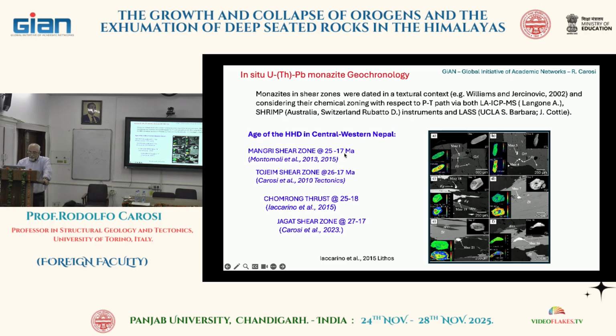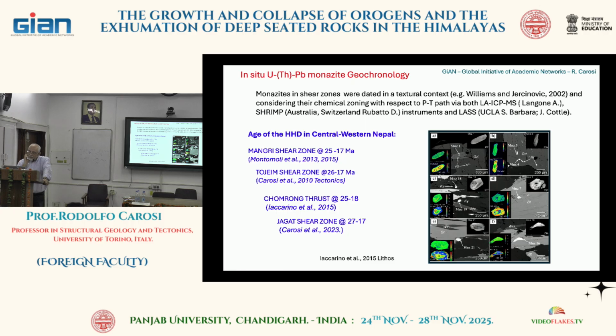but if you find some good crystals like this, you can gain the information. And the ages that we found with this methodology, uranium-lead and thorium-lead on monazite, are 25 ± 17, 26 ± 17, 25 ± 18, 27 ± 17. So they are more or less the time span of the age of the HHD in central and western Nepal.